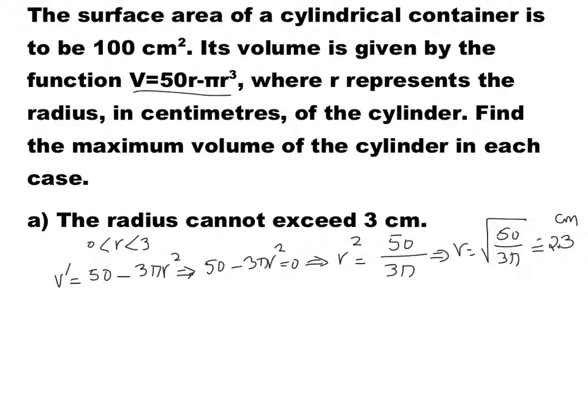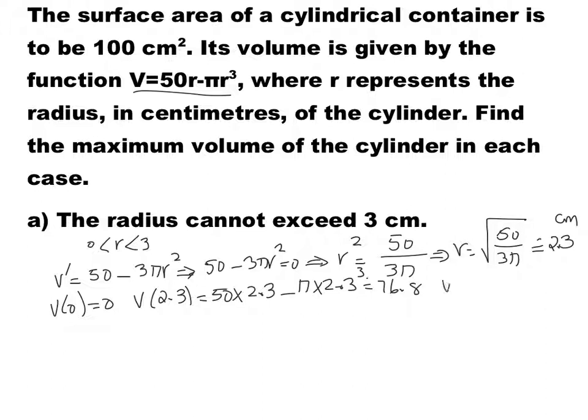Now, because we are looking for maximum volume here, we have to find the volume at 0 and at the endpoints. So if r is 0, volume is 0. If r is 2.3, the volume becomes 50 times 2.3 minus pi times 2.3 cubed, which is approximately 76.8.